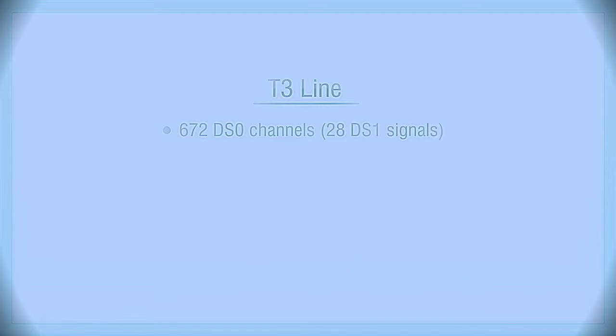This is equivalent to 28 DS1 signals that are used with the T1 line. Together, these 672 DS0 channels are called the DS3 signal. Because of the number of channels, you get a much better throughput than the T1 line. A T3 line provides a bandwidth of 44.736 megabits per second.